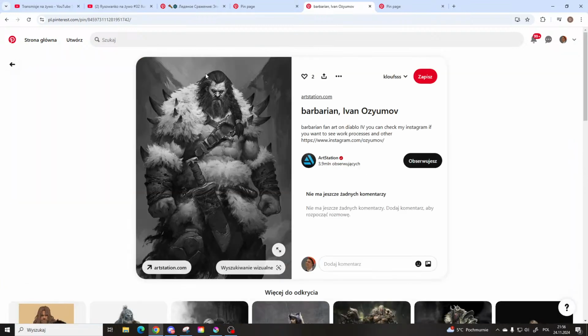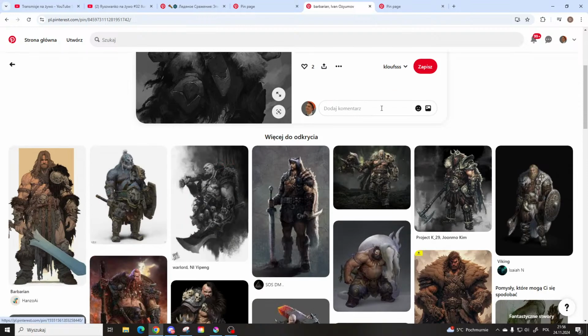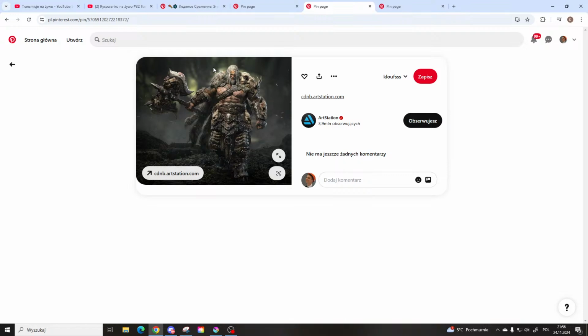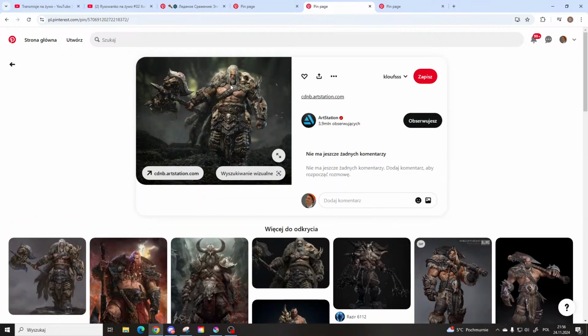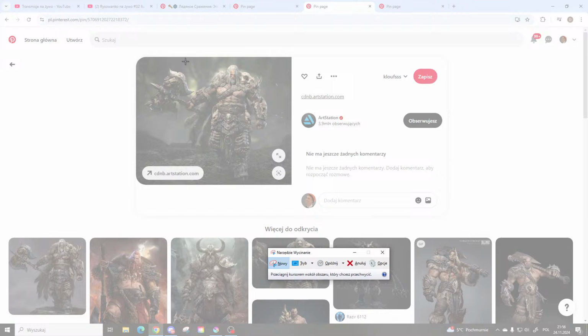God damn it, this one is super cool. It's by Ivan Ozyumov for Diablo 4. Yeah, that explains a lot. Oh shit, I like this one. He has an entire skull on his arm. Let's go, this is cool.